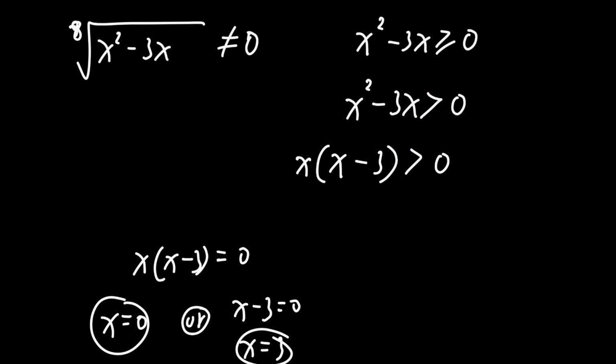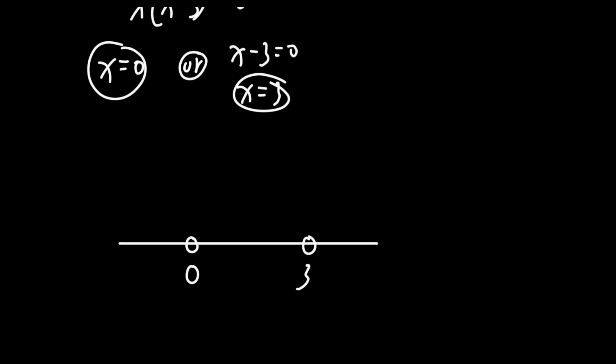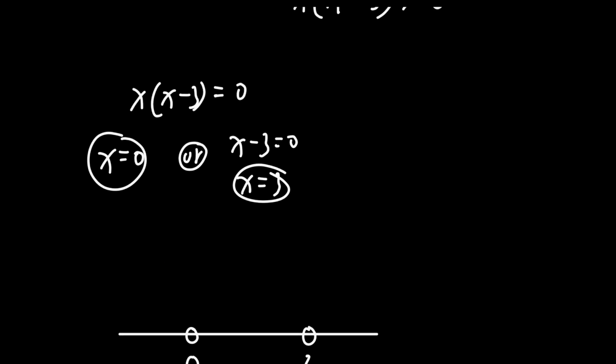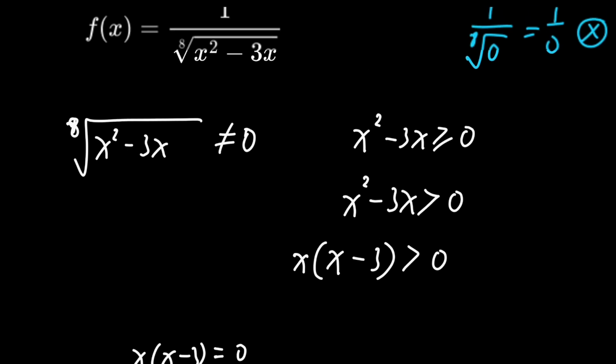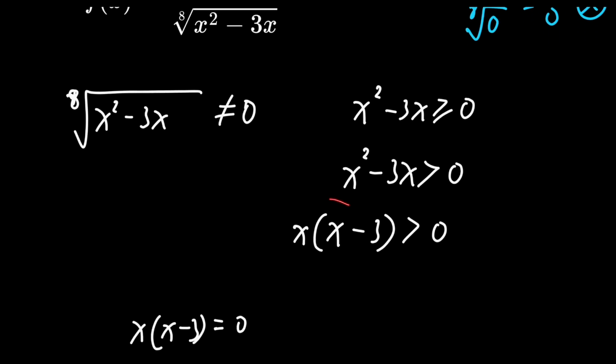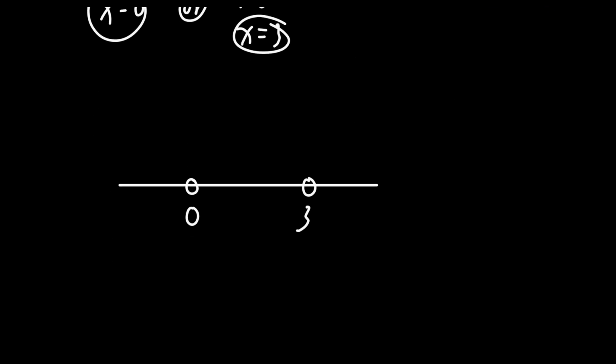Now, what we want to do is to choose a point in each of these three intervals and test it by replacing the corresponding values back into this inequality here to see if it's true or not. So let's see, we pick a number, let's say -1, and here is, let's say, +1, and here is +4.